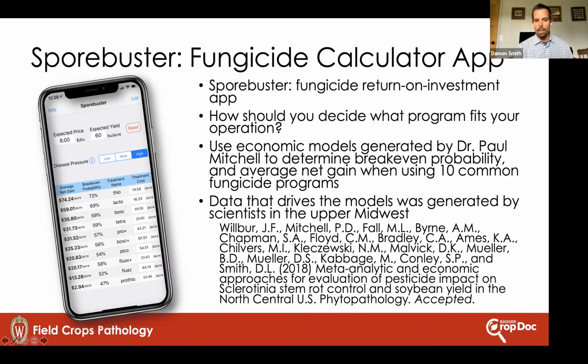We do auto-populate based on some list pricing, but you can get local pricing for these programs and then run those scenarios accordingly. And then this list will auto-populate. So basically you can run those scenarios, try to figure out optimal programs for your particular field and situation.